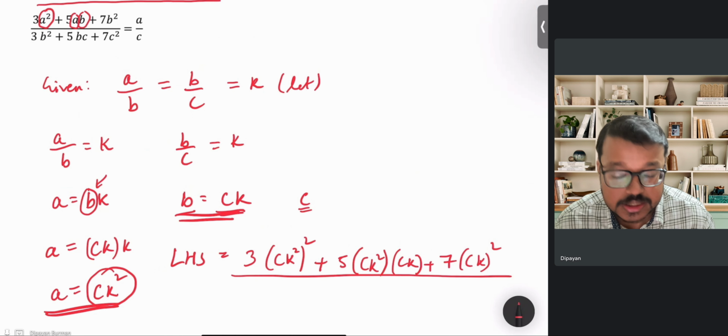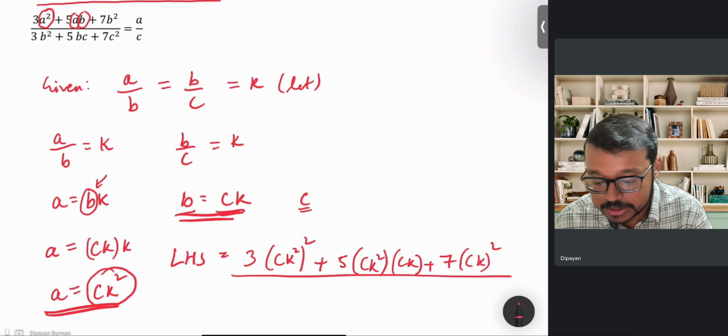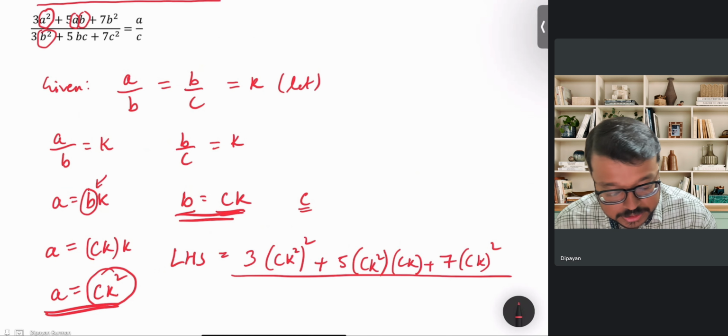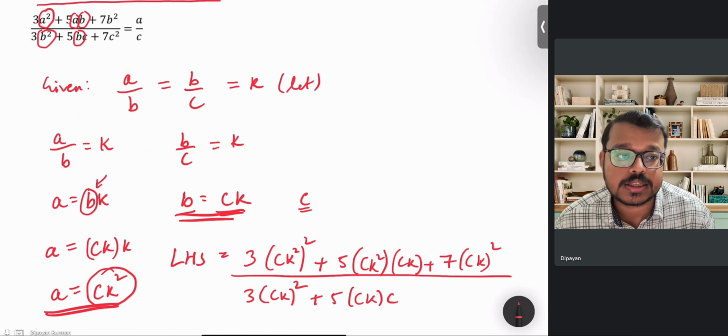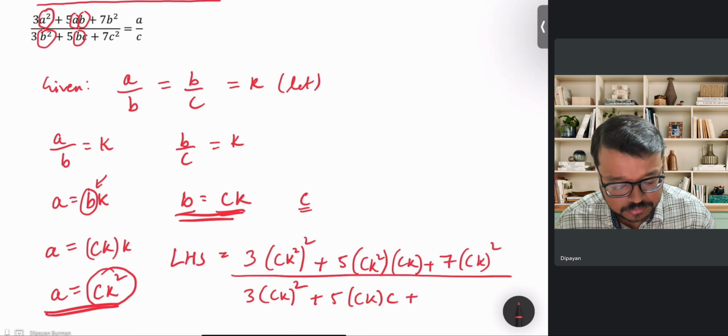This is the numerator, divided by the denominator 3B square. So 3 CK square plus 5 B into C. I will replace B as CK, but C remains C. We are not changing it. Plus 7C square. Again, C we are not changing, so it's 7C square. So this took some time to write, but if you do this carefully, you'll get it correctly.